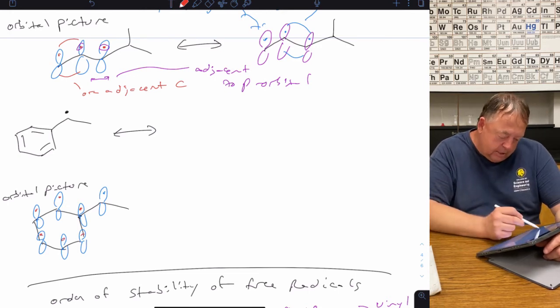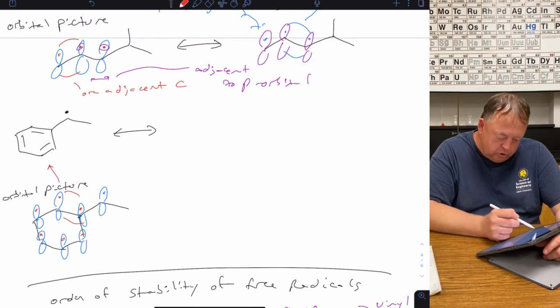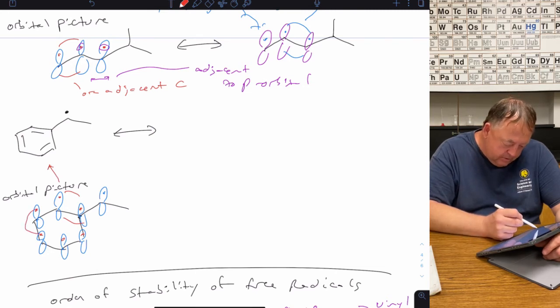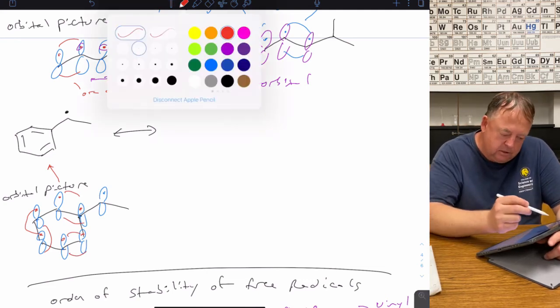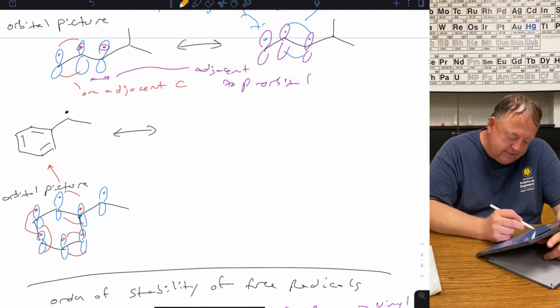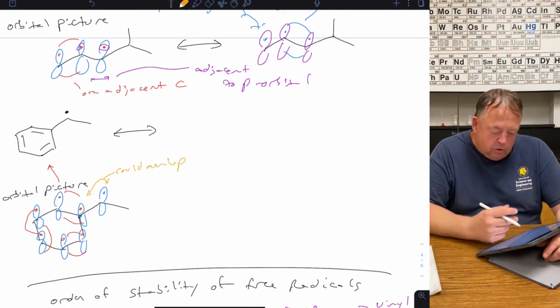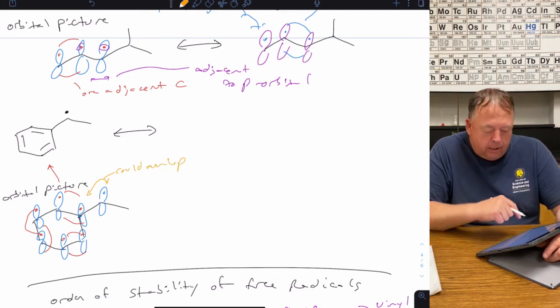Right now we're letting these p orbitals overlap to make the pi bonds. But since the radical is on a carbon that's adjacent, these can overlap as well. So basically that means that unpaired electron can be on some of the ring carbons as well.